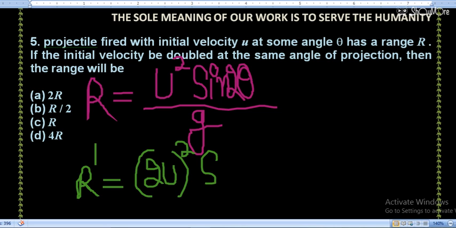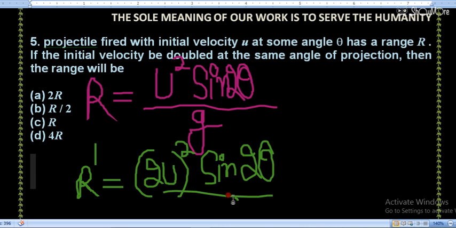So R dash is 2u square, and it is fired with the same angle, so it will be sine 2 theta again divided by g again.